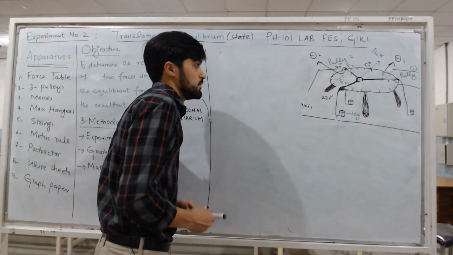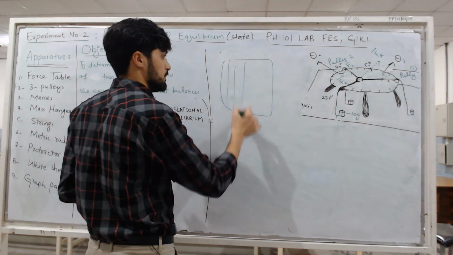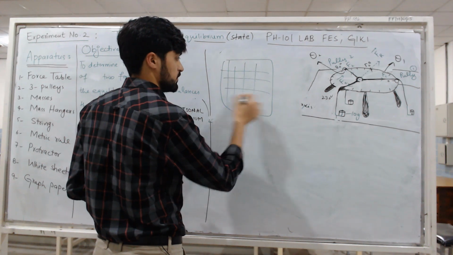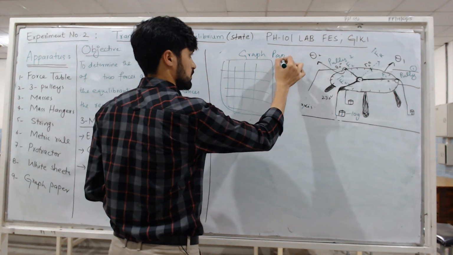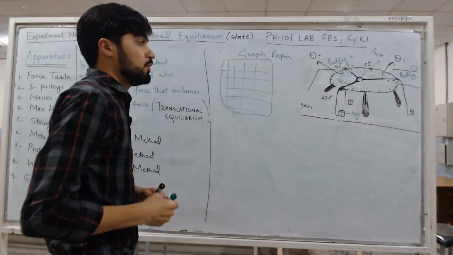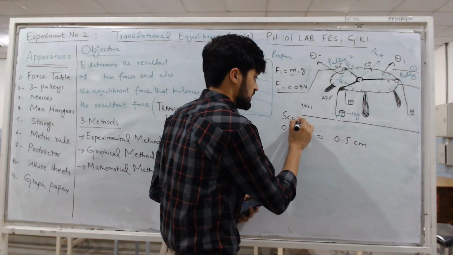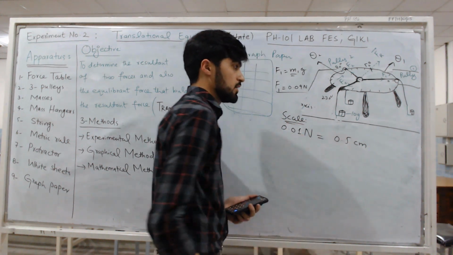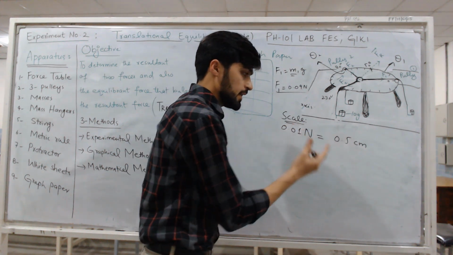You will have a graph paper that we will be discussing in the experimental section. You will select a suitable scale accordingly. If my force is, let's say, 0.09 Newton, I will select a suitable scale.